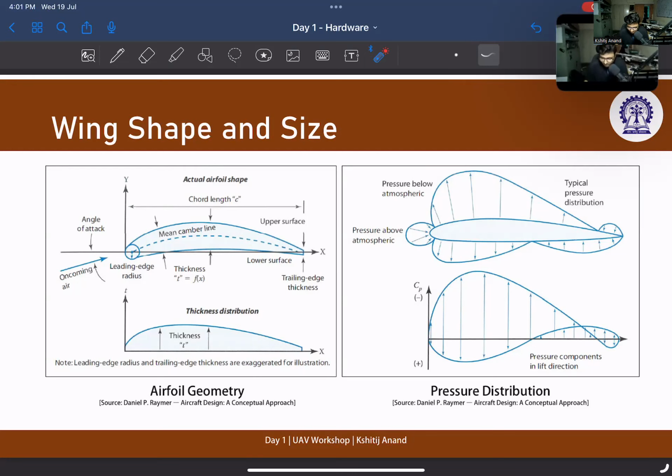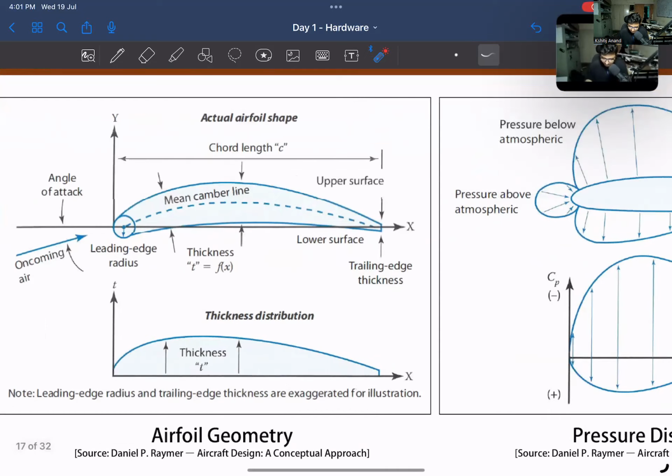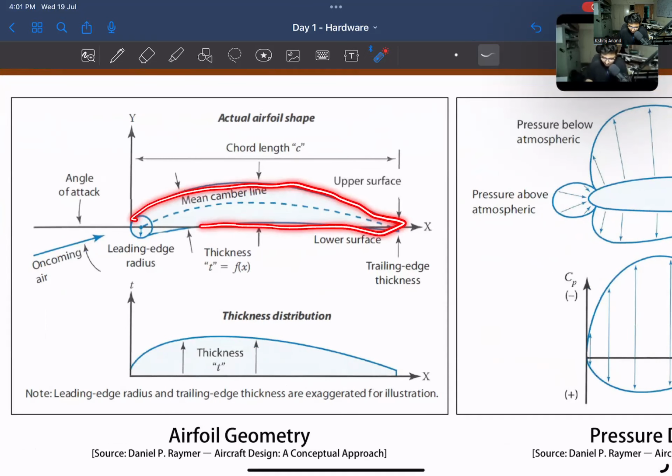When we look at this airfoil shape, you can see that this is the airfoil outer contour. The leading edge radius is important. This is what decides how blunt or sharp it is going to be at the leading edge. This is called the mean camber line.